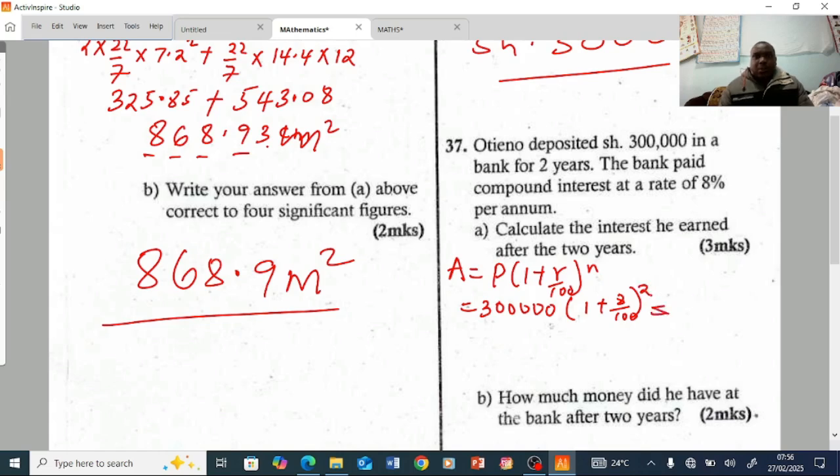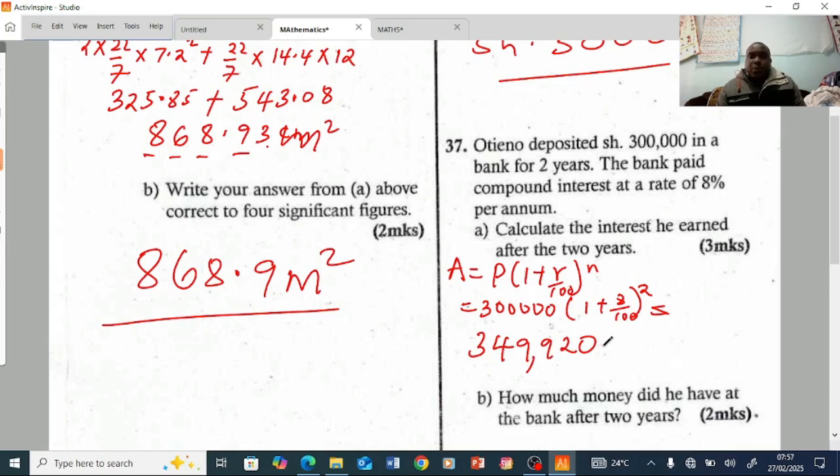So this one will give a total of 349,920.